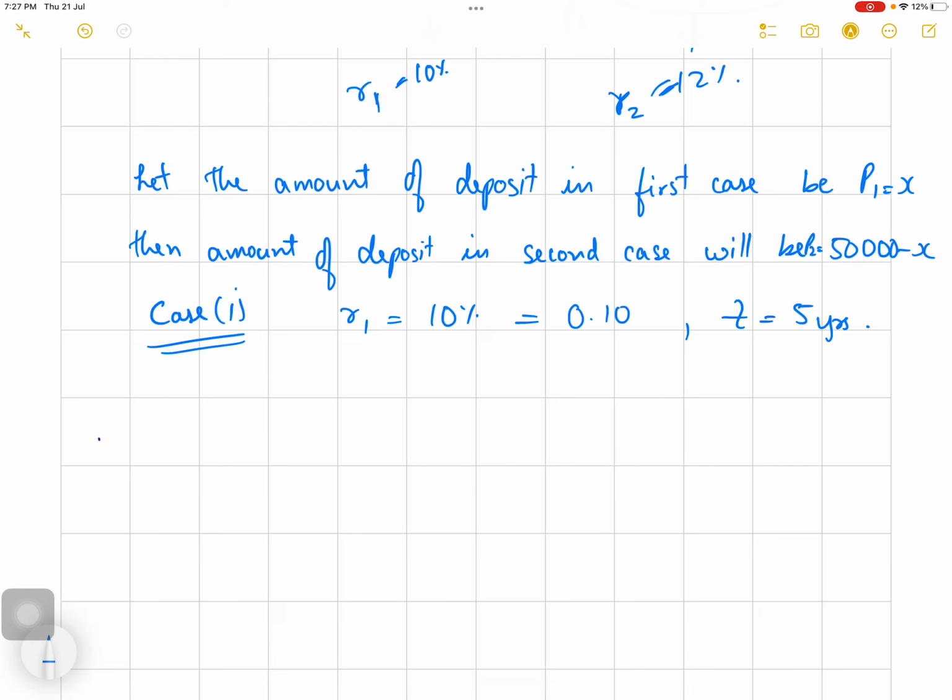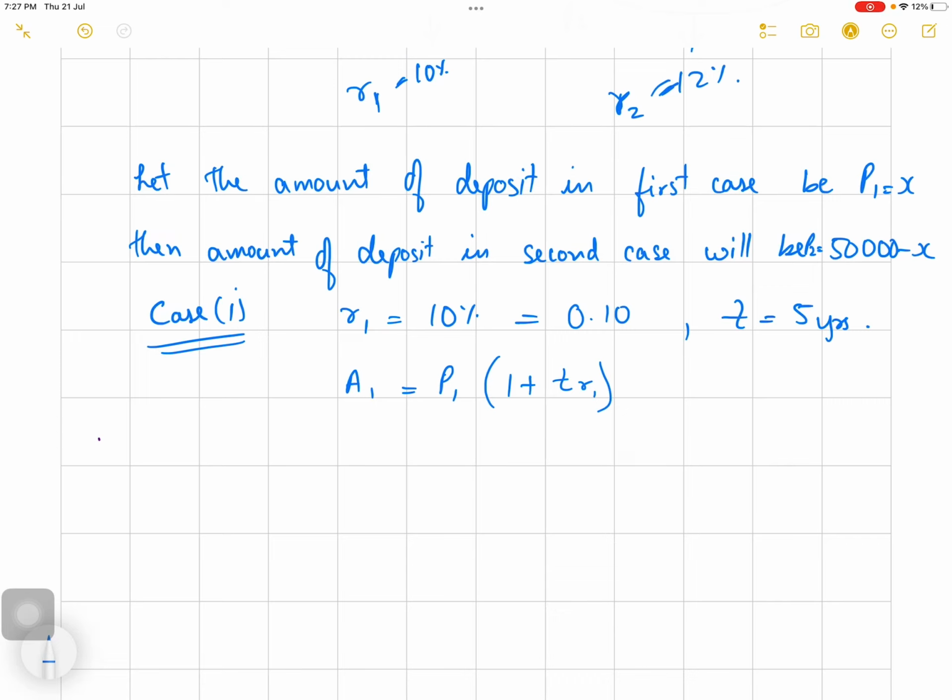The way we derived the A formula, we know that A1 is equal to P1 into (1 plus TR1), because T is the same, 5 years. Let us calculate this.